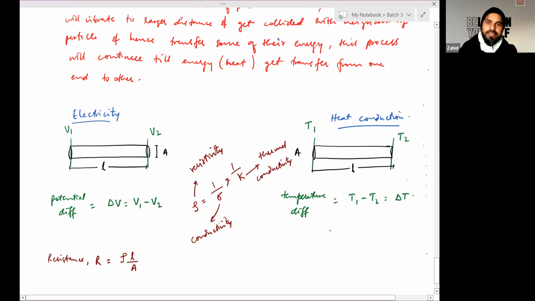So we can write, in terms of heat conduction, the resistance offered by this substance for the flow of heat through it.